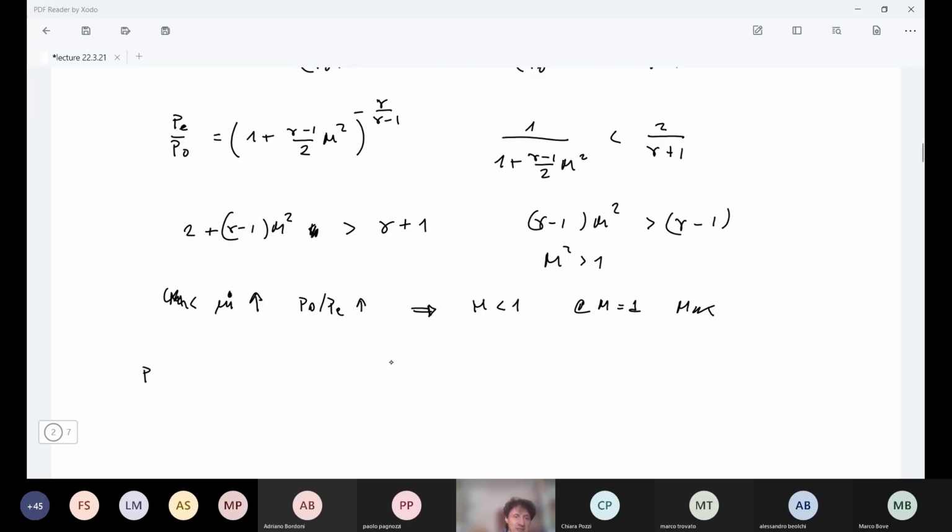That can be expressed as P0 over PE is gamma plus 1 over 2 to the power gamma over gamma minus 1. So this is the critical value. So if PA is less than this critical, it means that we have choking, choked flow.